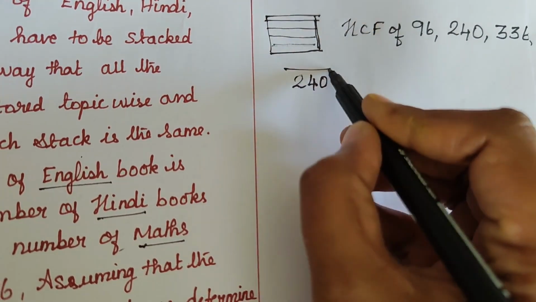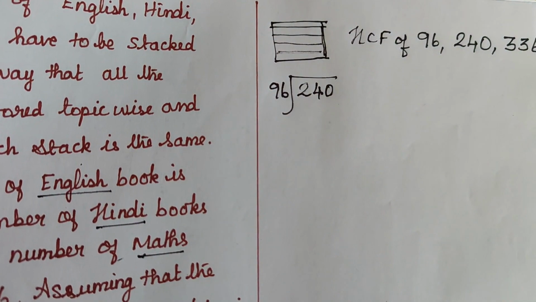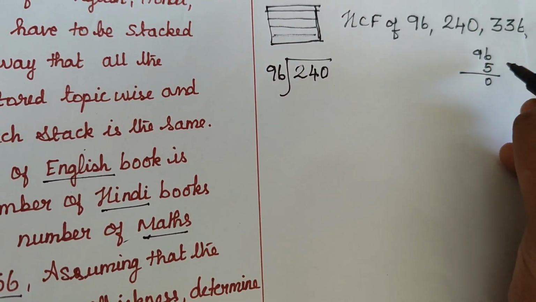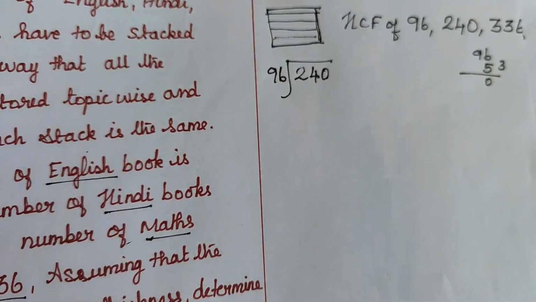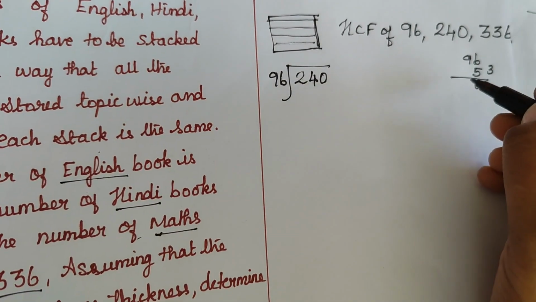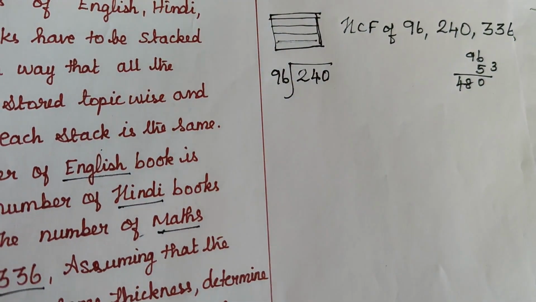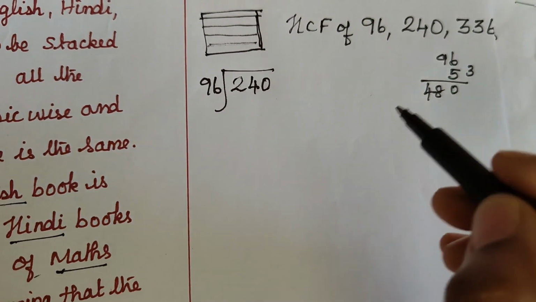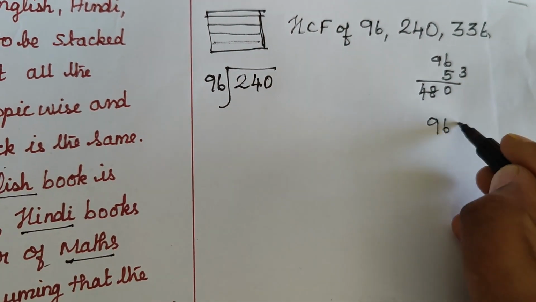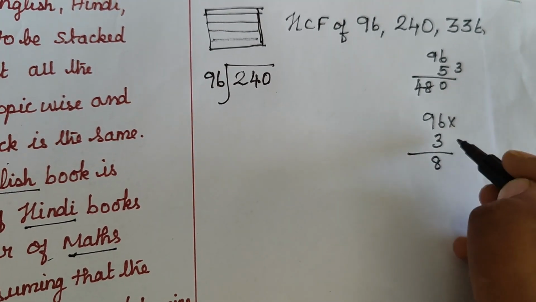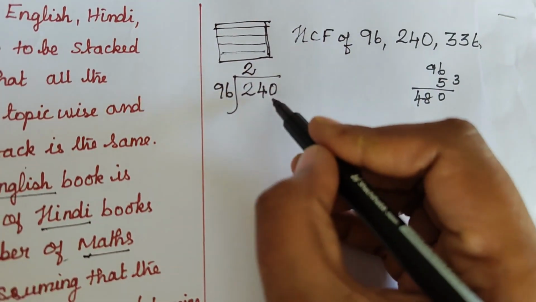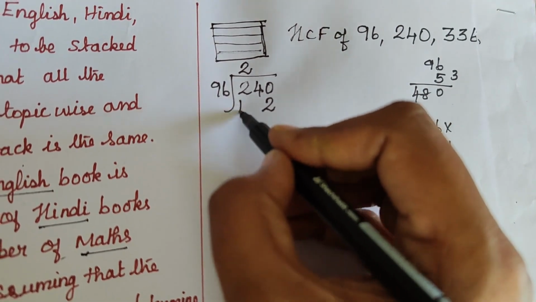So 240 divided by 96. I just checked for 5 times. 6 5s are 30, 3 balance. 9 5s are 45, it's too big. 45 plus 3, 48, no. So I'll check with 2 times. 2 6s are 12, 1 balance. 2 9s are 18 plus 1, 19.